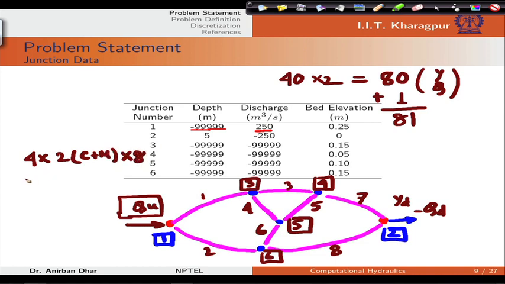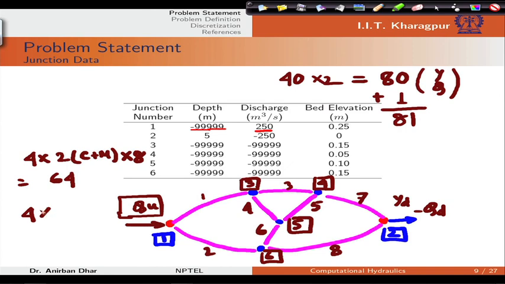So, this is the total number of equations that we will get from the individual segments: 4 into 2 into 8, so the total number is 64. Now, for the internal junctions 3, 4, 5, 6, we have 4 internal junctions.